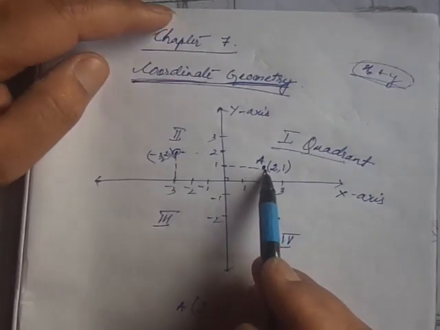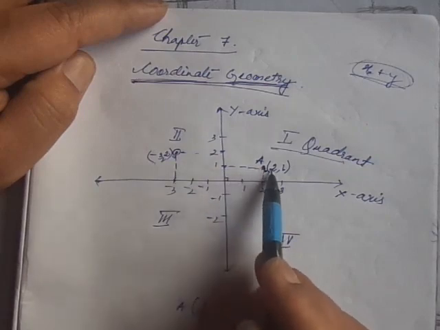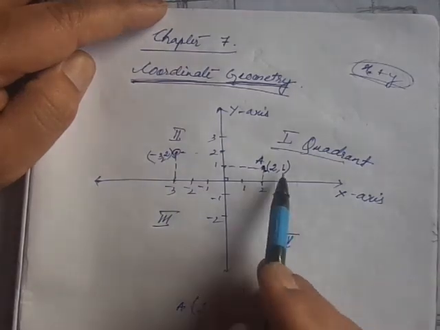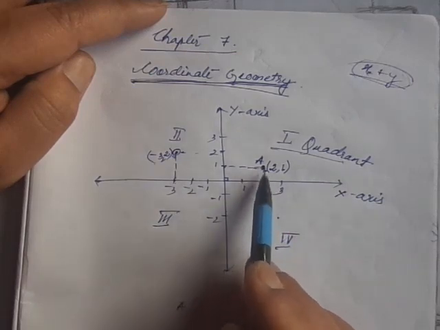For example, here (2, 1). 2 is the distance of this point from the y-axis, from here to here. So the distance of this point from the y-axis we call x-coordinate or abscissa. The second one we call ordinate or coordinate of y-axis. It is the distance of this point from the x-axis, that is from here to here, which is 1.